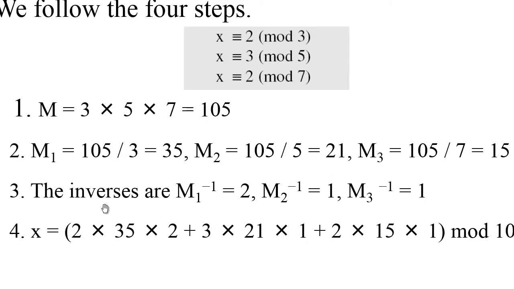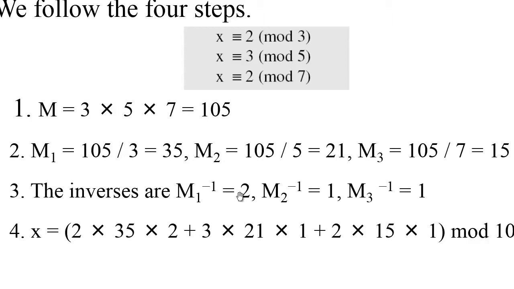Now comes the step where we are supposed to find the multiplicative inverse, which we have already discussed. What do we mean by multiplicative inverse? When I take this 35, its inverse is 2, which means these two values will provide me the identity element. This can be easily solved with the help of mod 3. Suppose I take 2 into 35, I get 70, and 70 mod 3 gives 1.